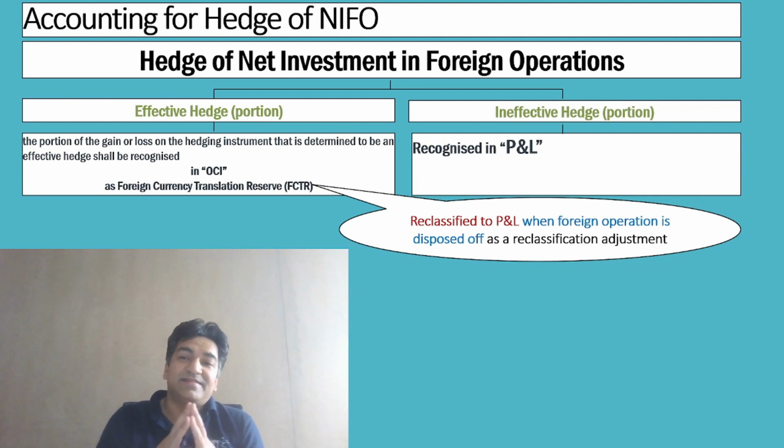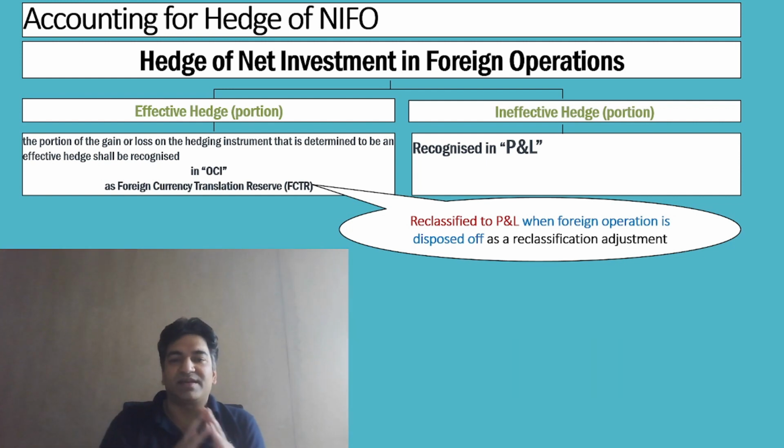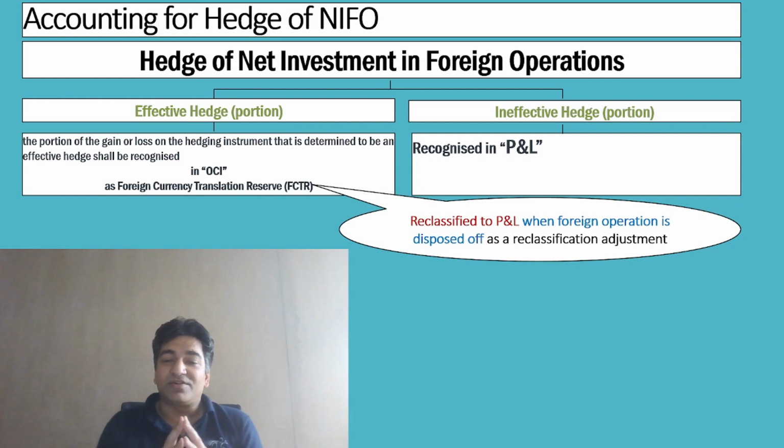Foreign exchange differences as per Ind AS 21 will also be recognized in other comprehensive income, and the portion of gains and losses on the hedging instrument determined to be an effective hedge will also be recognized in other comprehensive income as foreign currency translation reserve. To the extent the gains or losses on the hedging instrument are determined to be an ineffective hedge, these will be recognized in profit and loss.